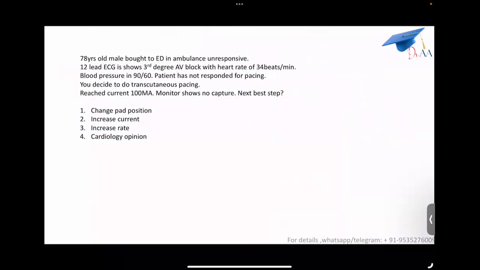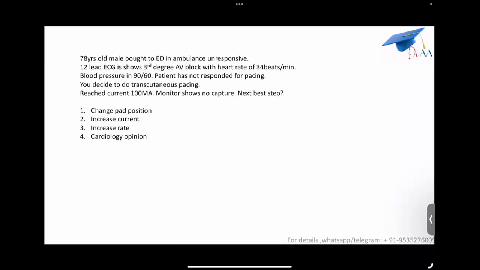Yes, please. Doctor, we had one question just a few minutes ago about the polymorphic VT, and the patient collapsed, and you said synchronized shock. But according to the American Heart Association tachycardia algorithm, we can give synchronized shock only to monomorphic VT, not polymorphic.